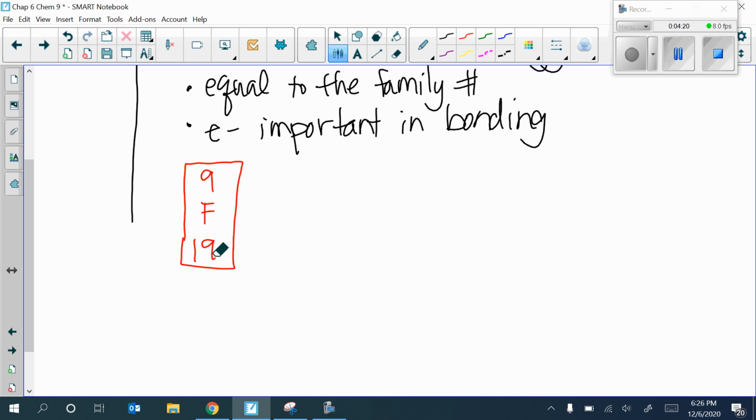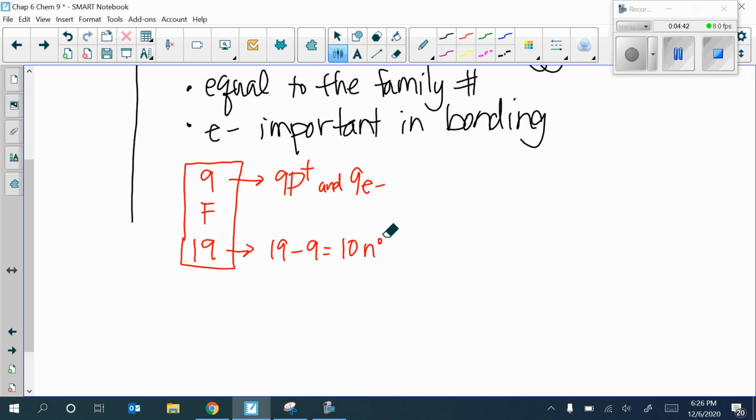Because the top number is the atomic number, that tells us that we have 9 protons and 9 total electrons. And then to get the number of neutrons, we are going to take 19, subtract 9, and that's going to give us 10 neutrons.